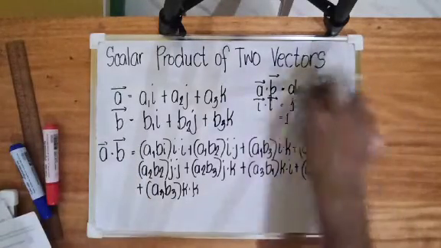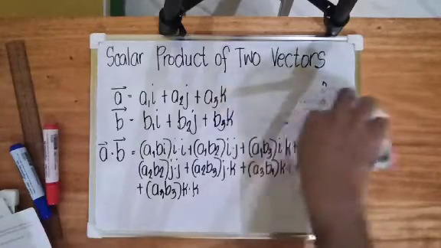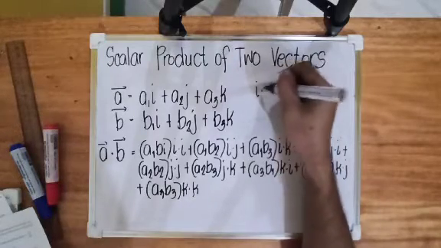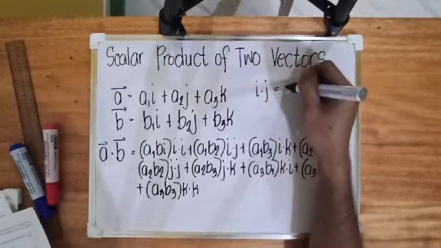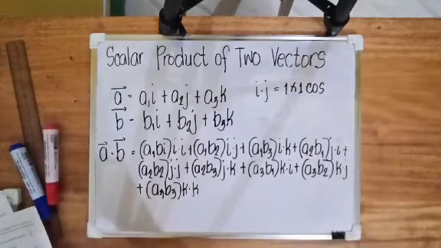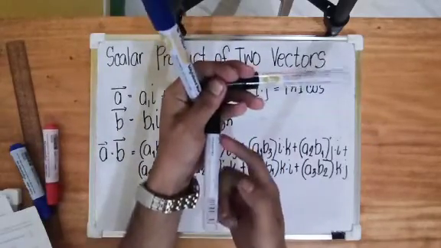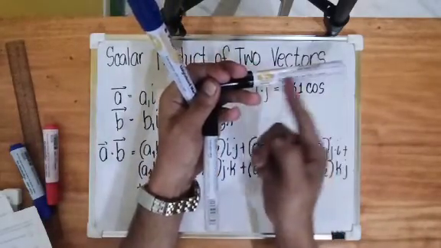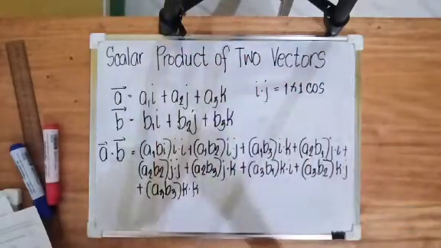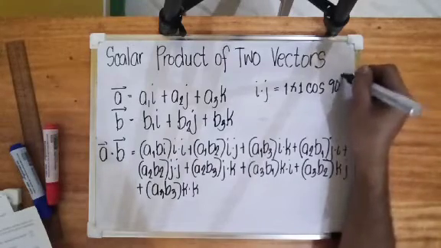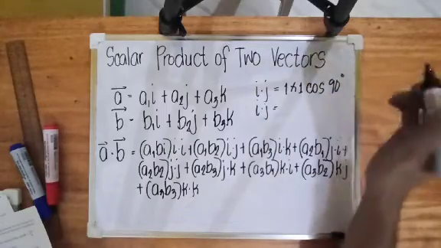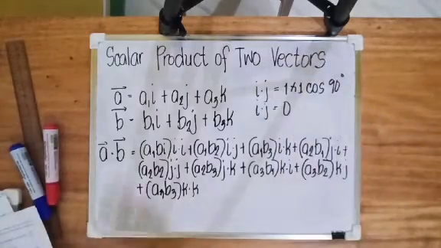And then, if we have different unit vectors, let's say unit vector I dot unit vector J is equal to 1 times 1 cosine of the angle between them. The angle between unit vector I and unit vector J is 90 degrees, and the cosine of 90 degrees is equal to 0.